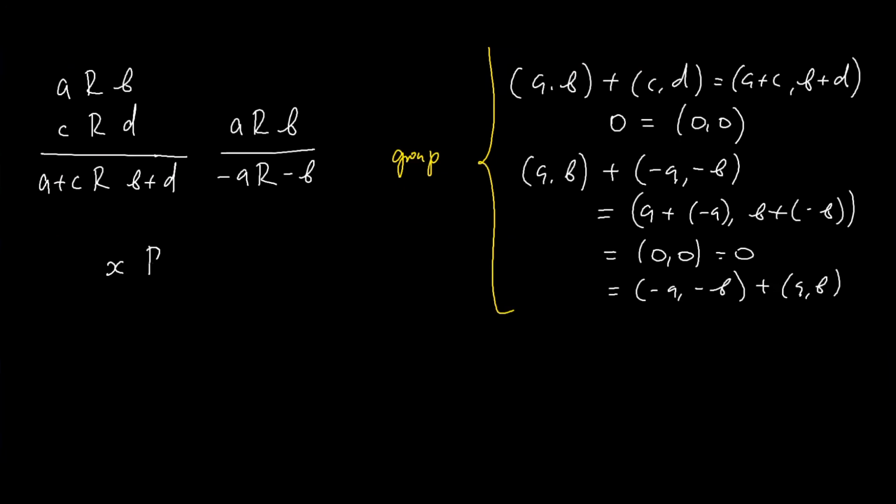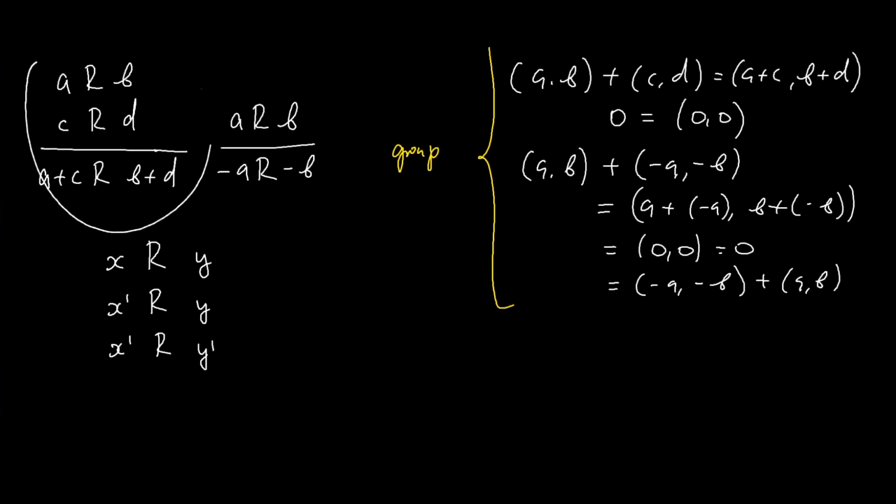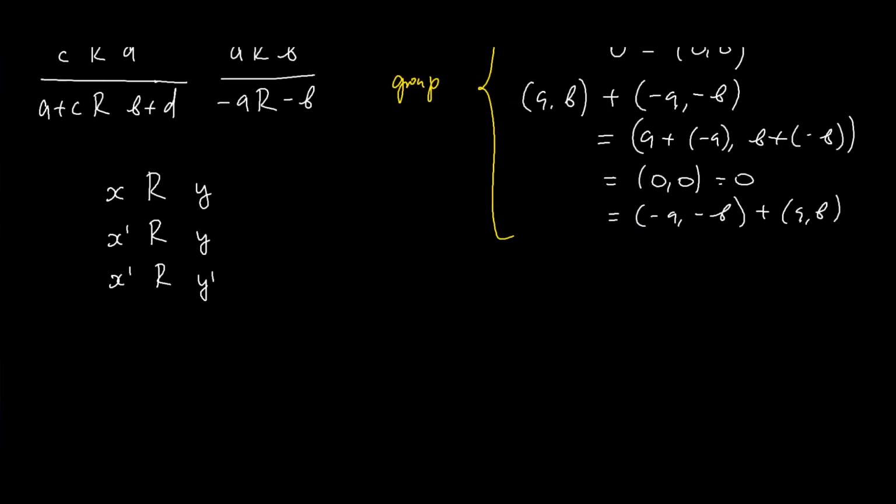So let's take x r y, x prime r y, x prime r y prime. Let's see what we can do with these pairs using these two rules to eventually derive that x is related to y prime.